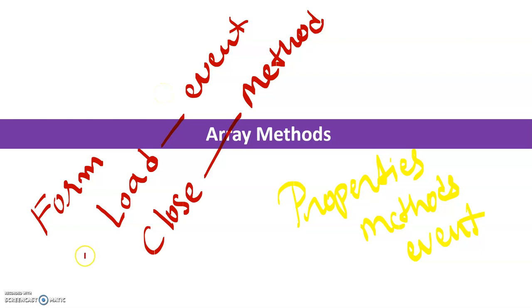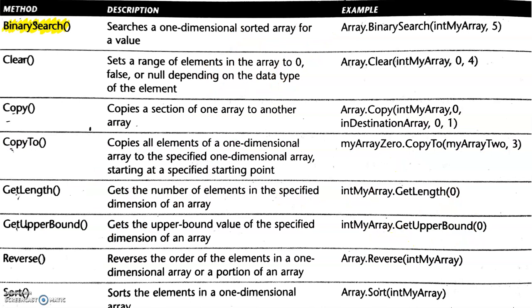An event means something which we want to trigger, and a method means what you want to perform after triggering this event. So here we have the array methods which we can use in our project, in our application.